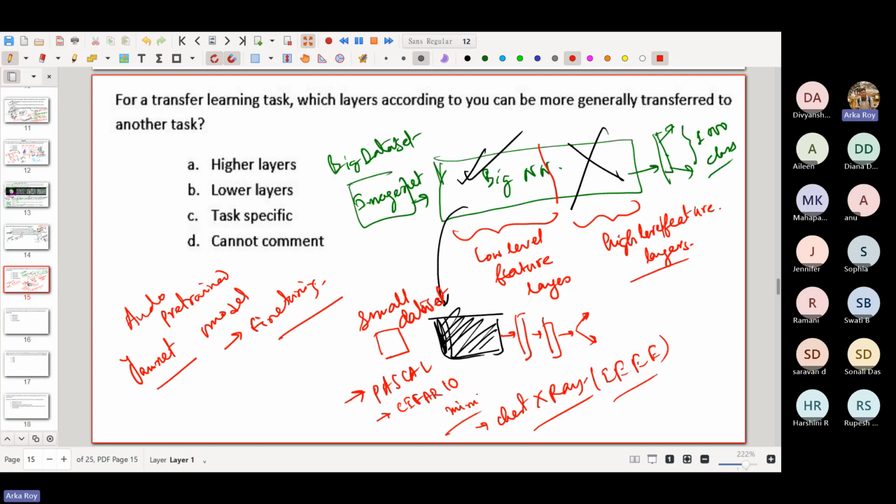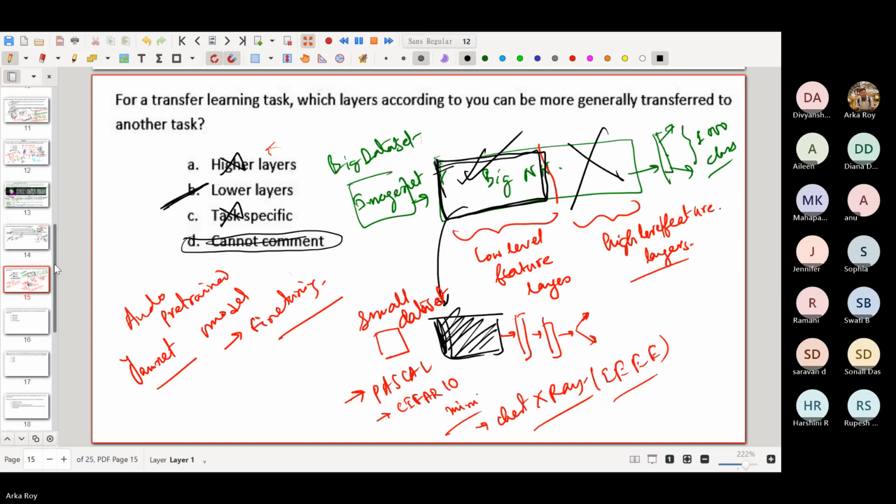We basically transfer the lower layers, not the higher layers. So for a transfer learning task, which of the layers do you need? It is basically the lower layers, not the task specific, higher layers. And often you can just omit this one.